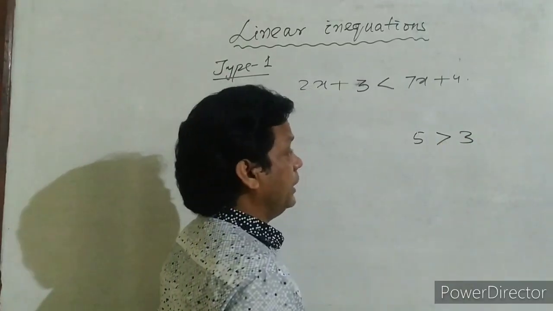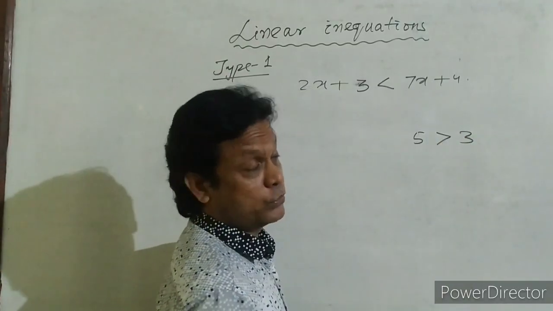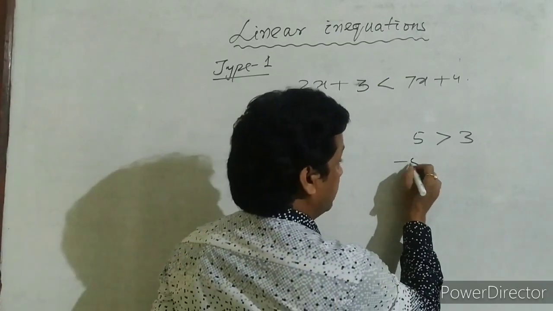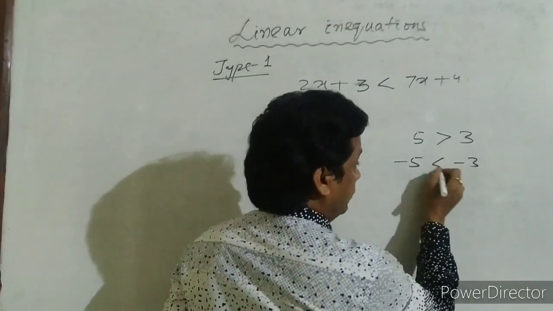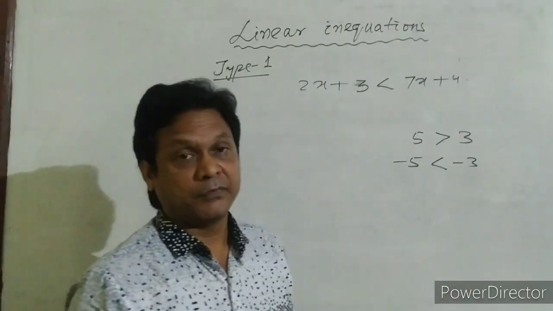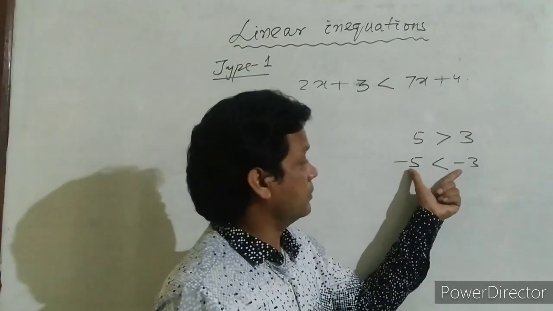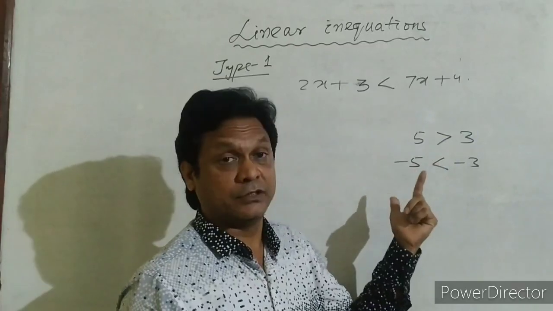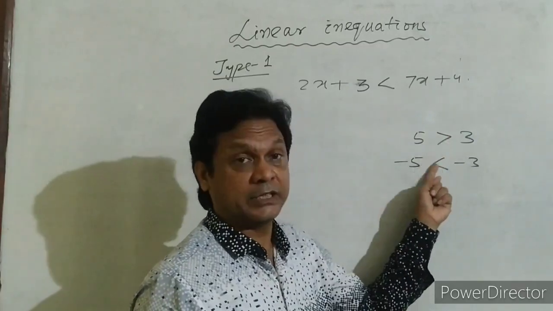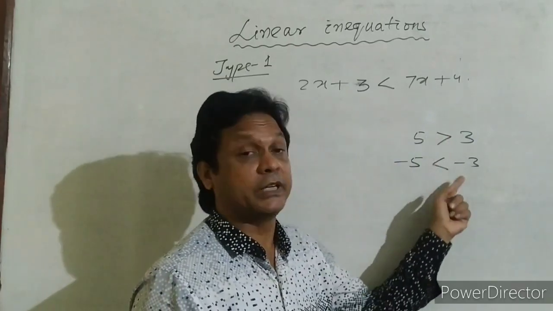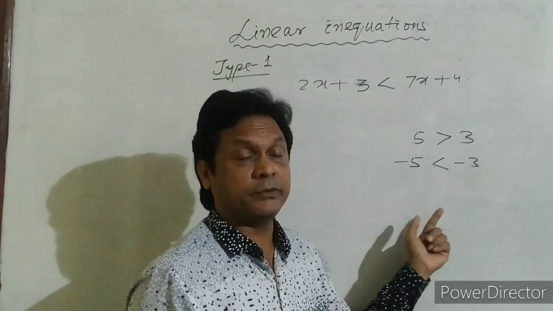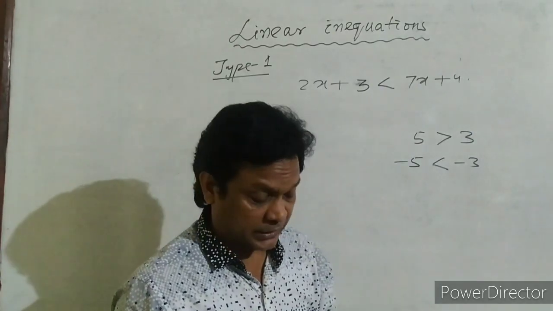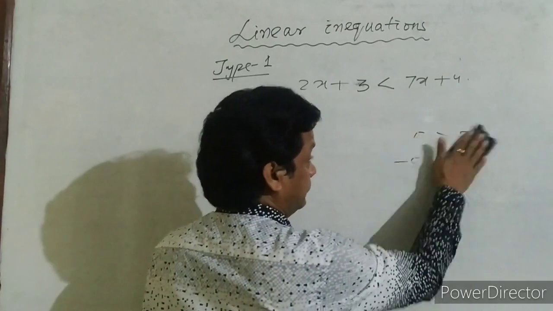If we multiply by -1 on both sides, it becomes -5 and -3, and the sign changes. If we multiply by a minus on both sides of an inequality, the sign changes. Greater than becomes less than, less than becomes greater than, less or equal becomes greater or equal, and greater or equal becomes less or equal. Simply the sign changes. So remember these things.